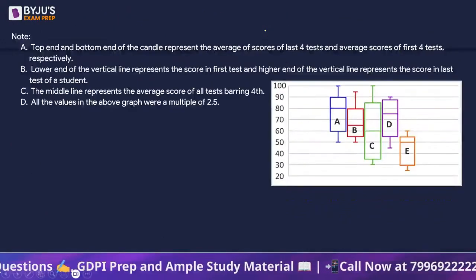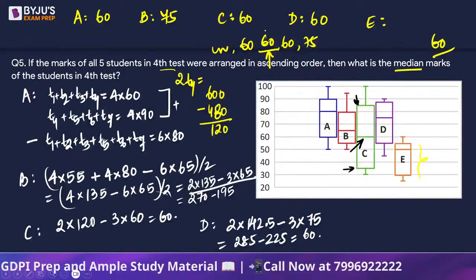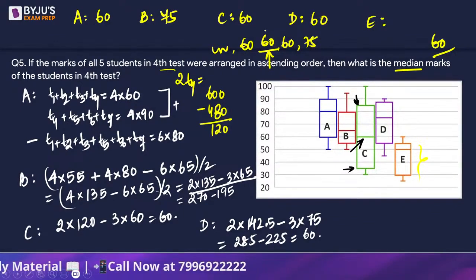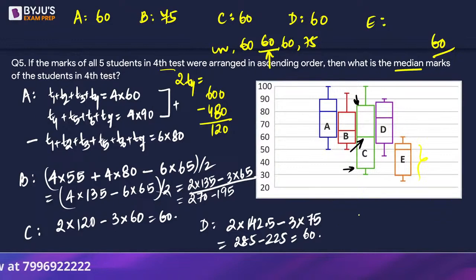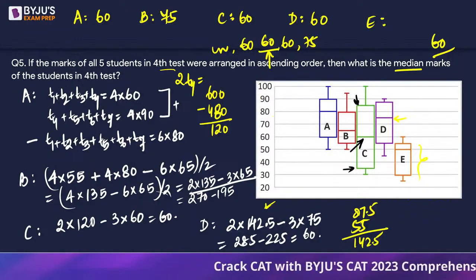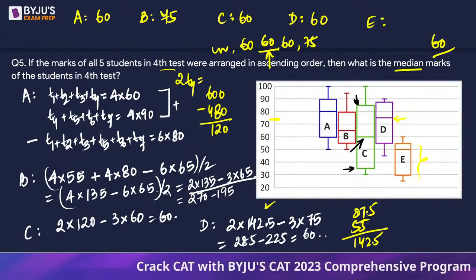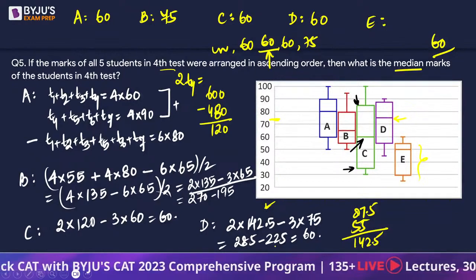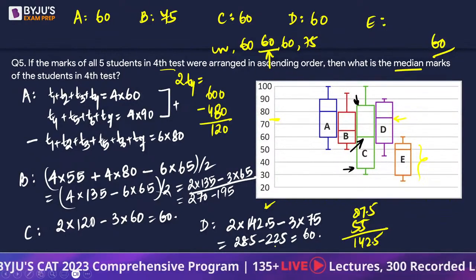Okay, let's verify this answer एक बार और. For D, it was 2 into 87.5 plus 55, right? 87.5 plus 55 था. So this is 142.5 and it's 3 times the middle number, which is 75 here. So 225 and this is going to be 285, which is 60.